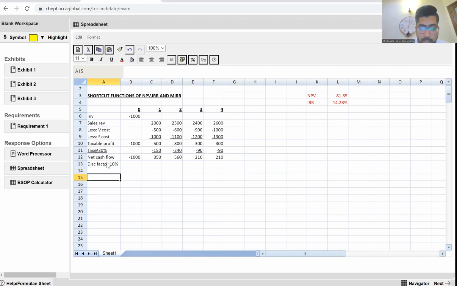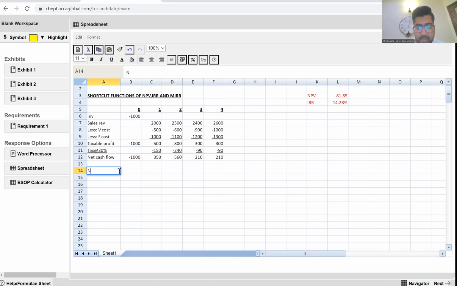Then no need to write present values and showing the multiplication of net cash flow and discount factor to get present values, and then netting them all to get NPV. And then positive NPV increase to get negative for the IRR, negative increase, decrease that to get positive. No need to do that. Stop at net cash flow. Write the investment, revenue, variable cost, fixed cost, taxable profits, tax, capital allowances, every cash inflow and outflow. And once you're done with them all, net cash flow, no need to write discount factor.